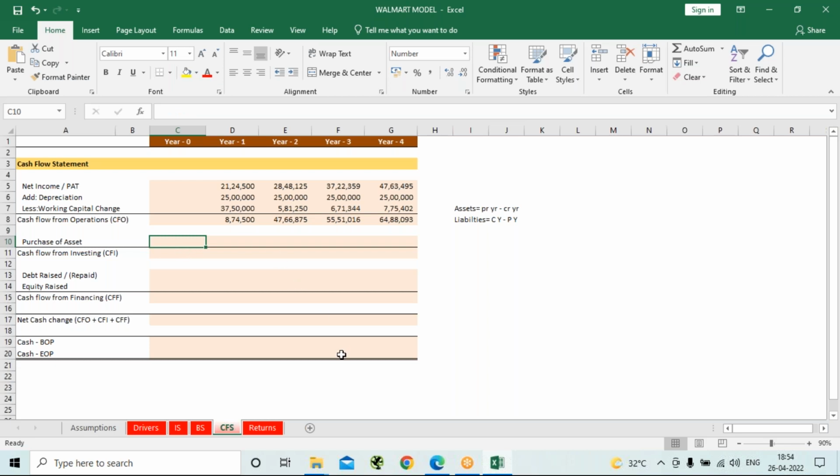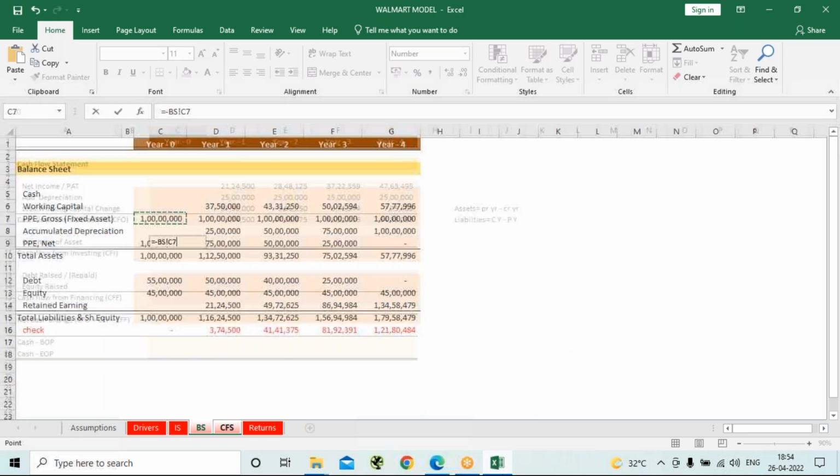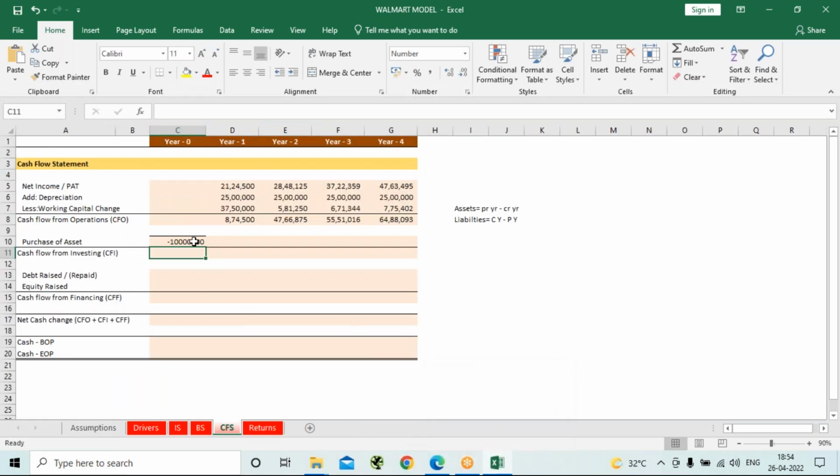So let me add the value equals to minus of the balance sheet value. Yes, this is the value. For the rest of the years, because we are going to purchase the asset only once, we are not going to invest in the asset again and again over the years. So it will remain as 0. And cash flow from investing will be only one value.